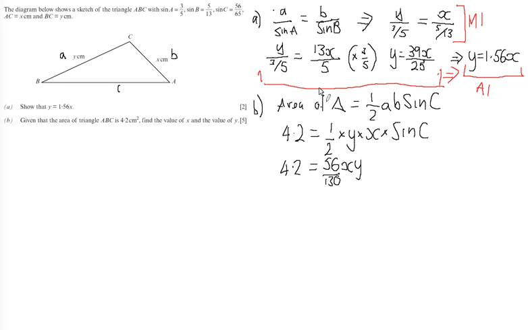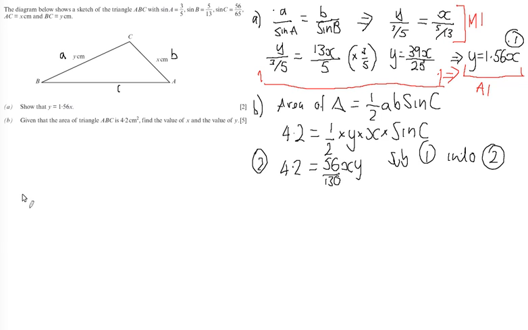Now what we actually have here is an example of simultaneous equations. It wants us to find the value of x and the value of y. So actually what I'm going to do here is, I'll call this equation 2, sub 1 into 2.